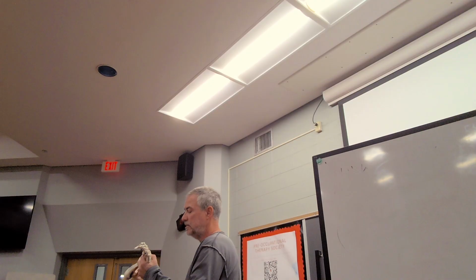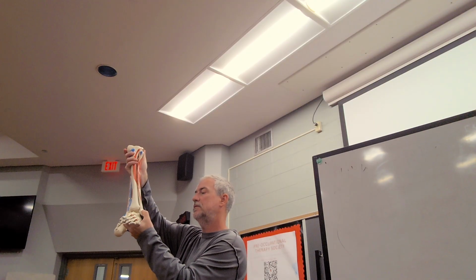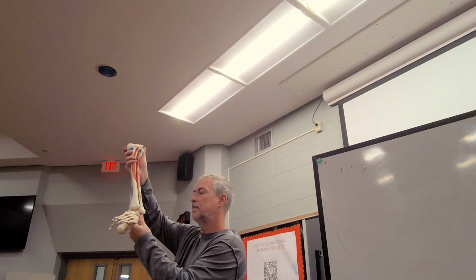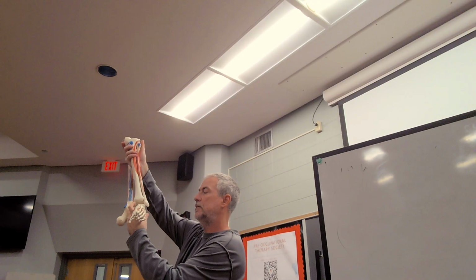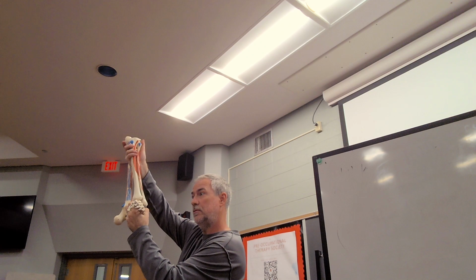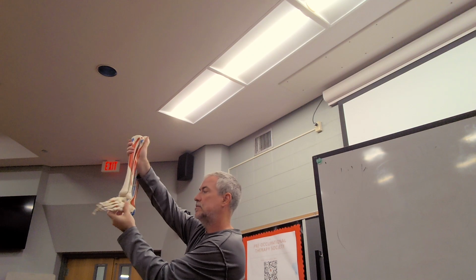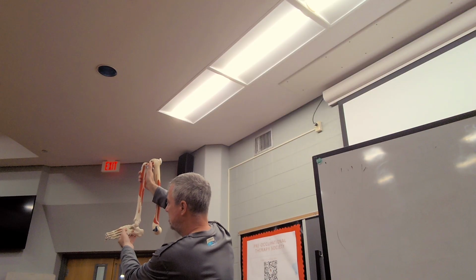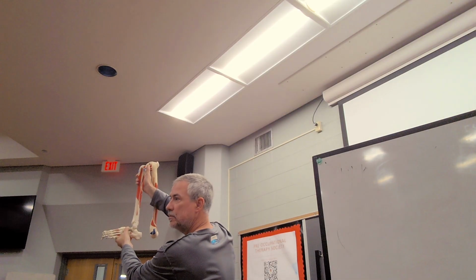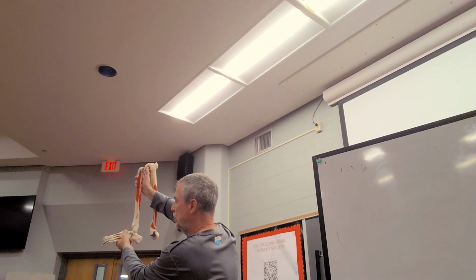So the ankle is specifically the talus connecting to the distal fibula and tibia. The subtalar is the calcaneus to the talus. So underneath, this articulation. Then the cuboid to the talus. Then the cuboid here. Then the cuneiforms here.